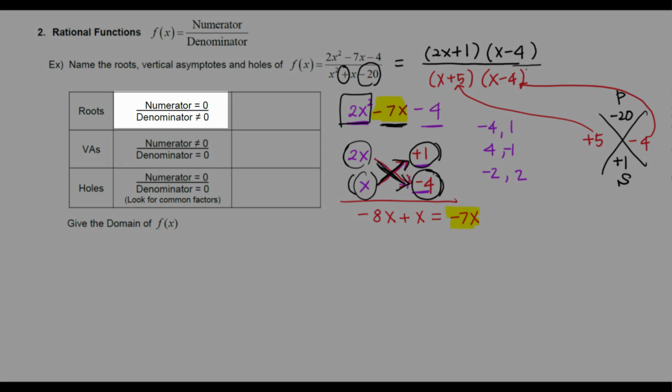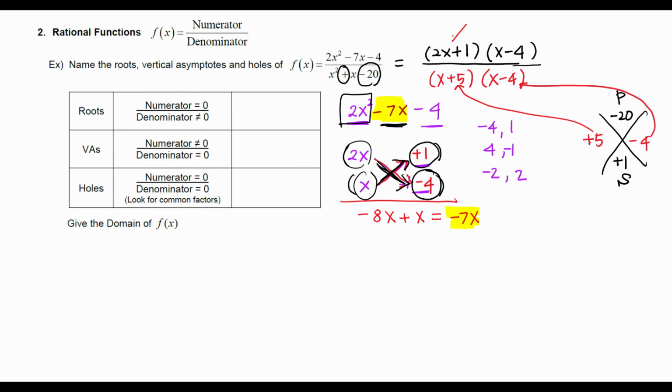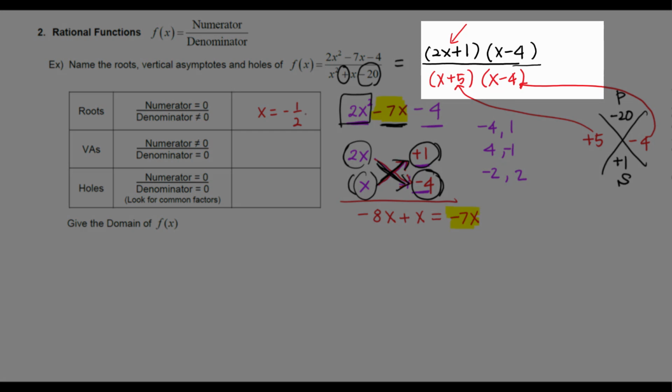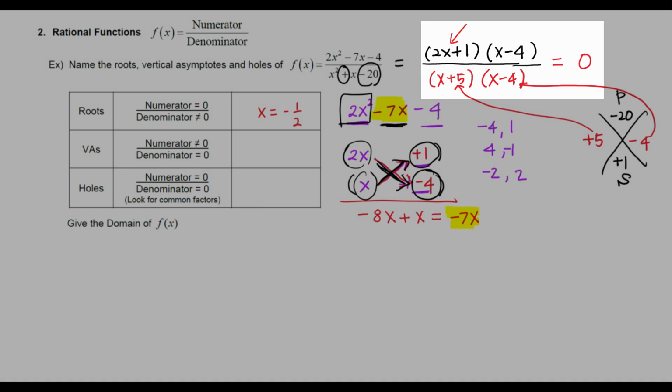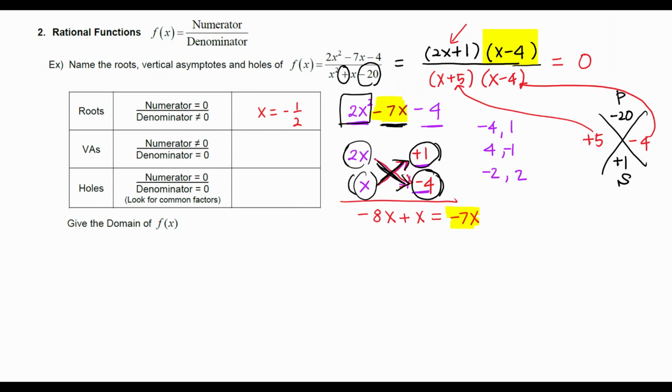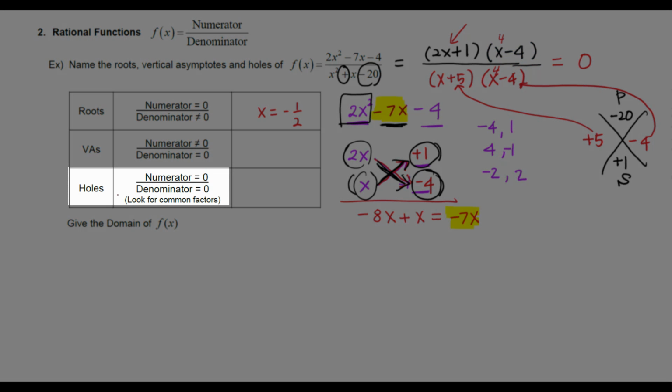So in order for numerator to be 0 and denominator not to be 0, my x has to be equal to negative 1/2. So I have one root. Since this rational function will be 0 if and only if x is equal to negative 1/2. What about 4? That's no good, because if x was 4 and 4, it will make 0 over 0, which is actually the case for the holes.